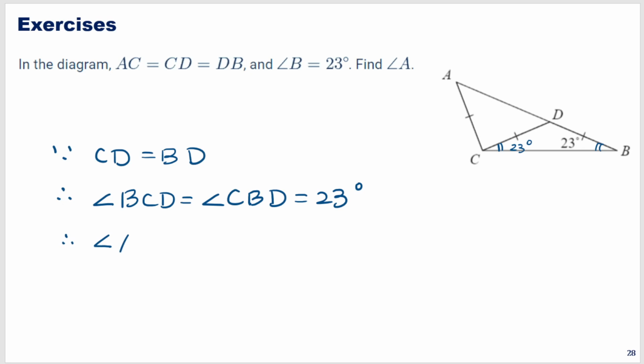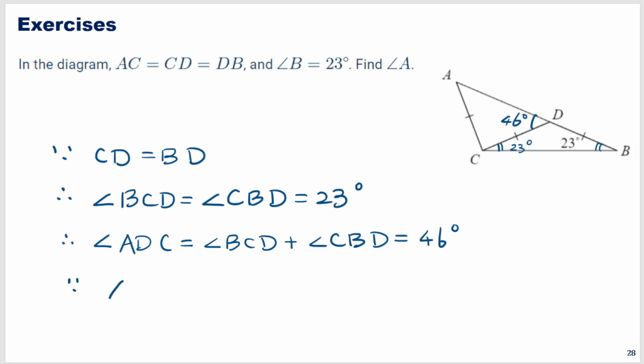Therefore, angle ADC equals angle BCD plus angle CBD, which gives us 46 degrees here, right? Because this is the exterior angle of these two remote interior angles.